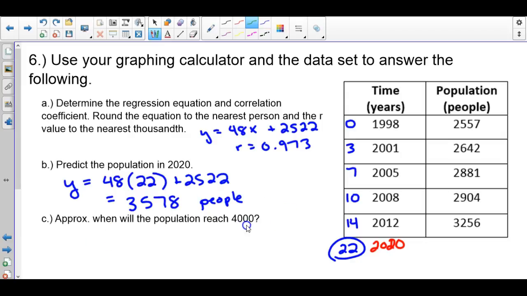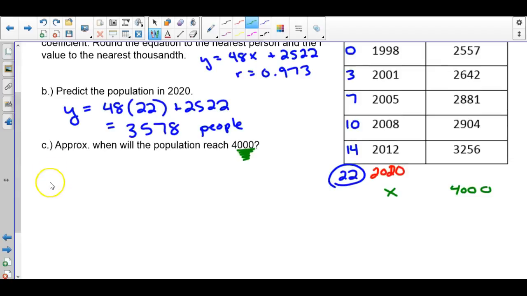The next part is asking approximately when will the population reach 4,000. So if I had a y value of 4,000, I want to know what my corresponding x value is. I'm going to do the same thing, except this time I'm going to substitute 4,000 in for y, and we need to solve for x. So this is just a linear equation.